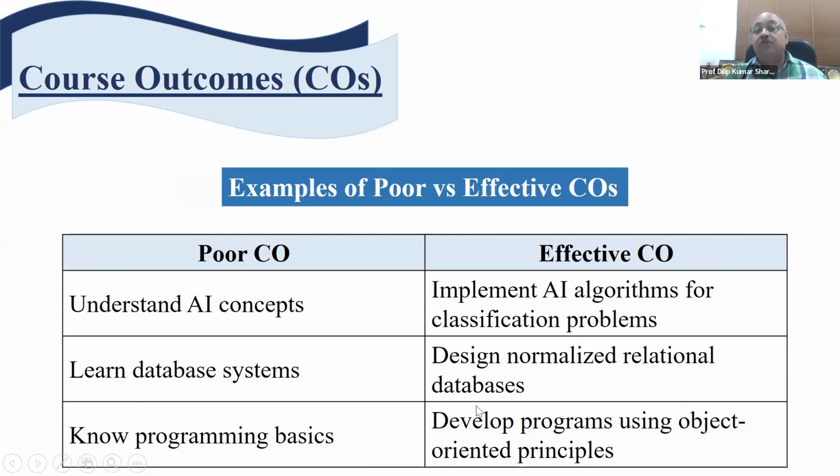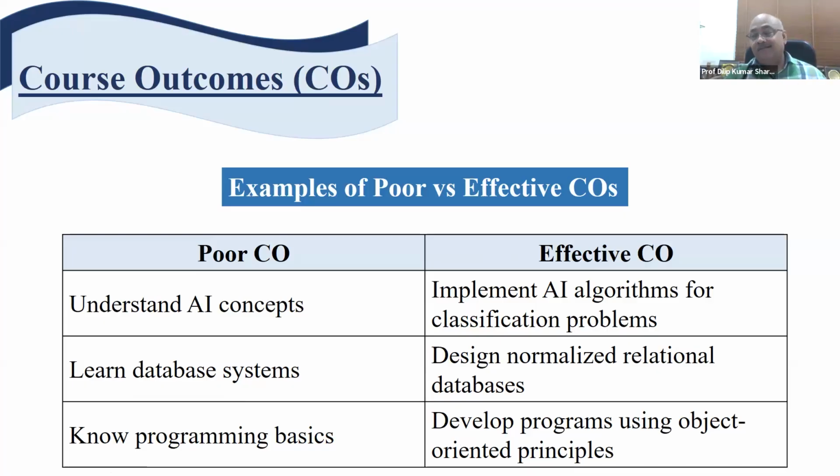How will you learn? The better one is "Design normalized relational database." "Know programming basics." How will they know? You cannot quantify or measure this. So "Develop programs using object-oriented programming": you can give some programs to them, evaluate them, and give the marks.